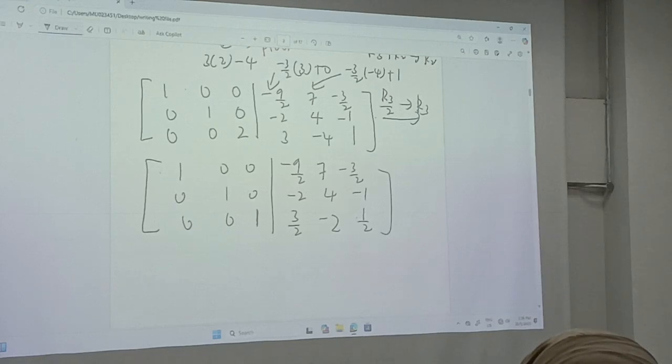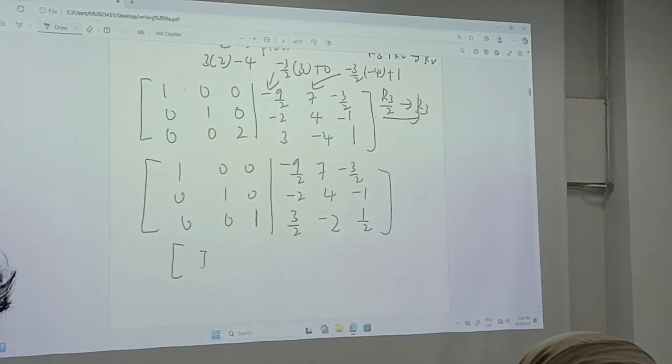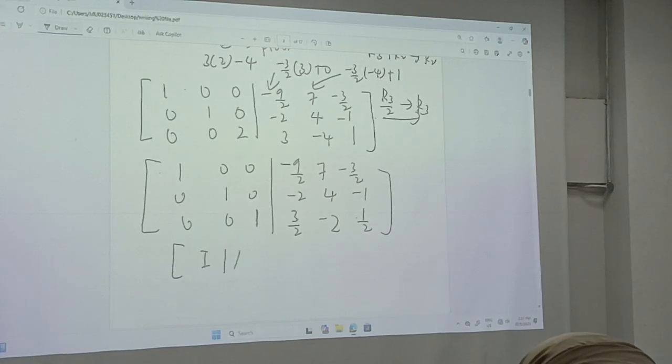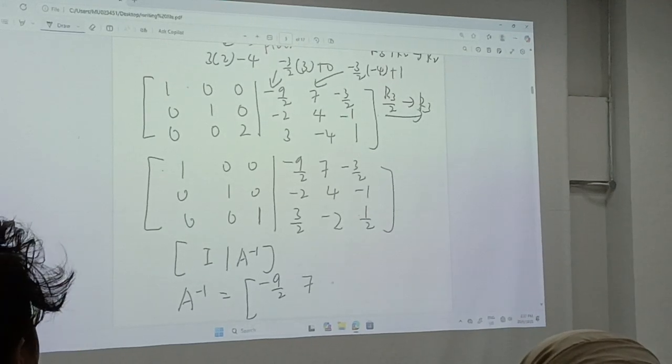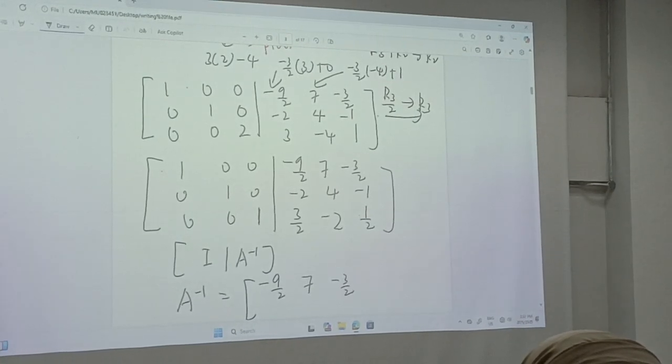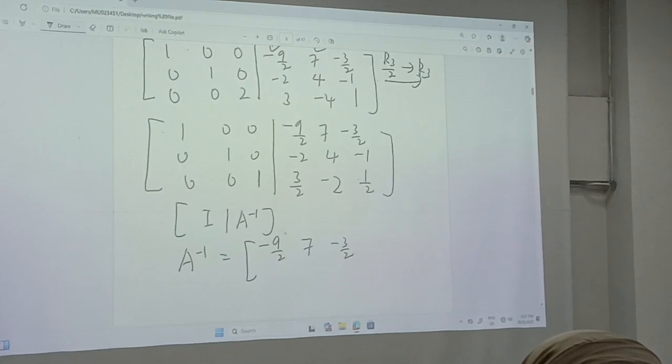Okay, so in this case, this will be identity, and the right hand side will be the inverse of A. So write it down, inverse of A. So basically you go to this right hand side: negative 9 over 2, 7, negative 3 over 2, negative 2, 4, negative 1, 3 over 2, negative 2, 1 over 2.